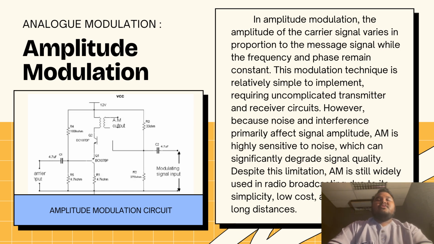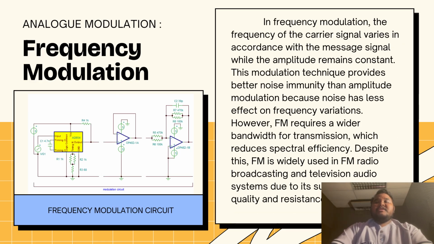Next, we're going to frequency modulation slide, which is FM slide. In frequency modulation, the frequency of the carrier signal varies in accordance with the message signal, while the amplitude remains constant. This modulation technique provides better noise immunity than amplitude modulation because noise has less effect on frequency variation.